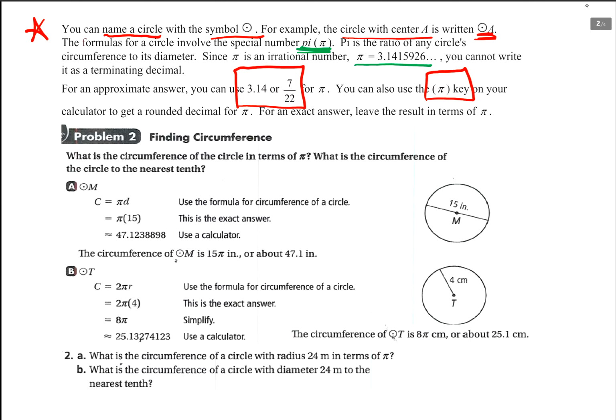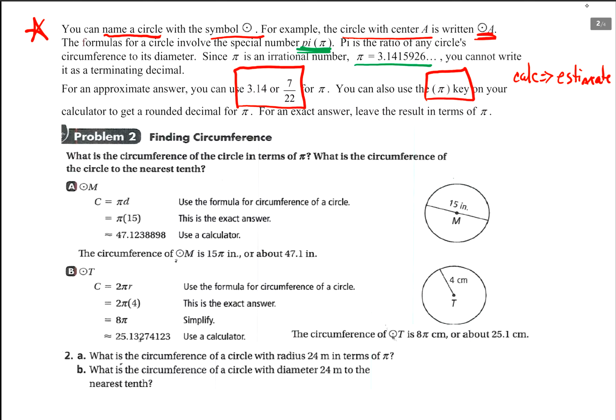If we use a calculator, we get an estimated answer. Okay?